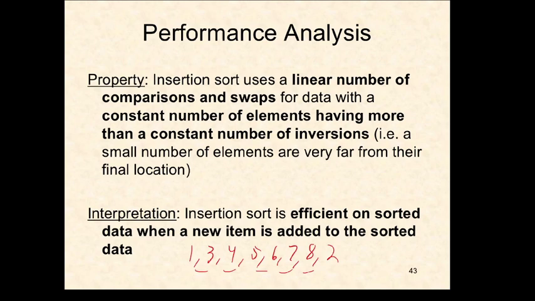So you might think, wait, wouldn't bubble sort do really well on this? As we wrote it, bubble sort would do really well on this, but it's possible to write bubble sort different ways. Bubble sort can be written to bubble small values to the beginning, that's what we did, but it can also be written with the inner loop in the opposite direction. Bubble sort can be written to bubble big values to the end.